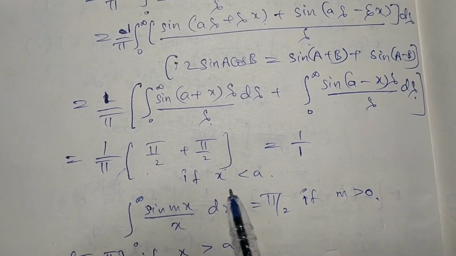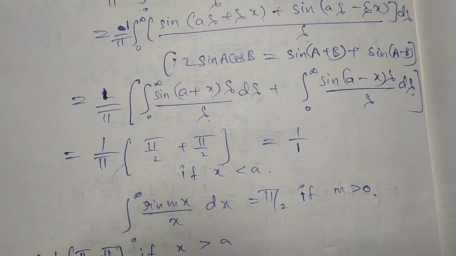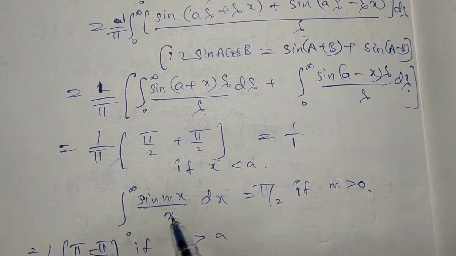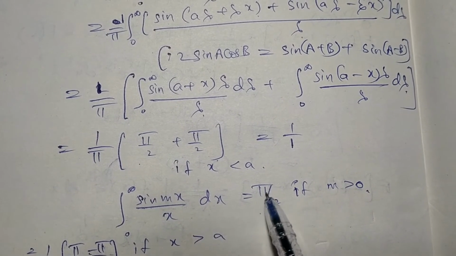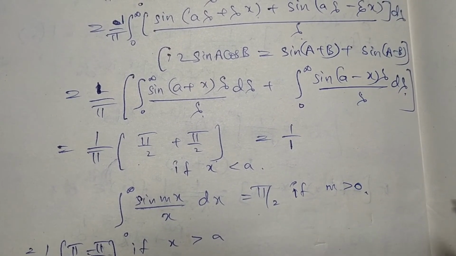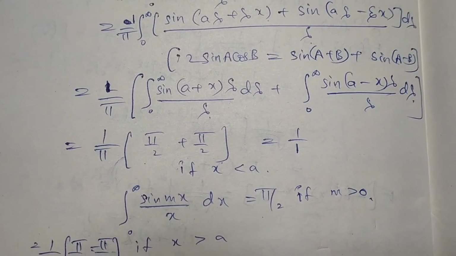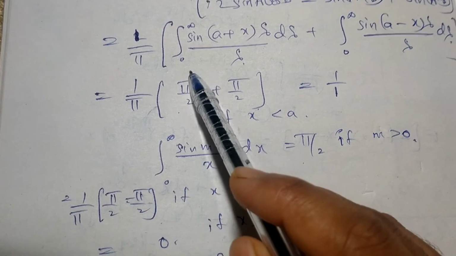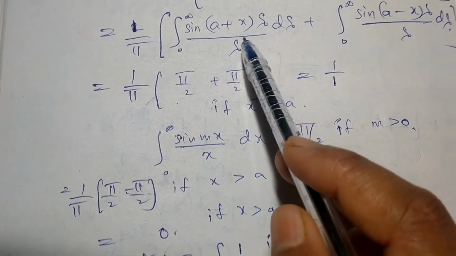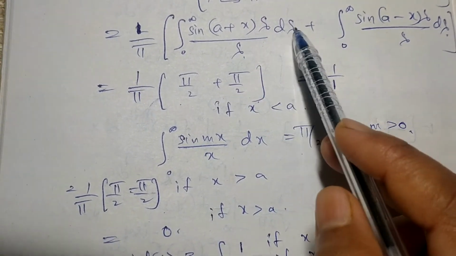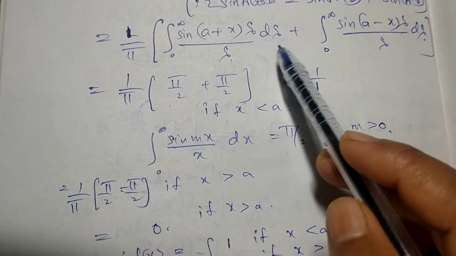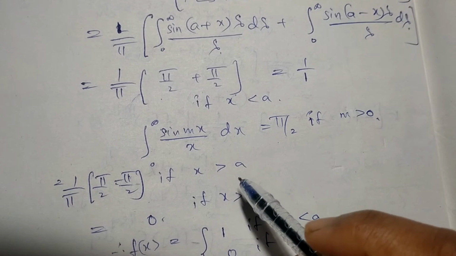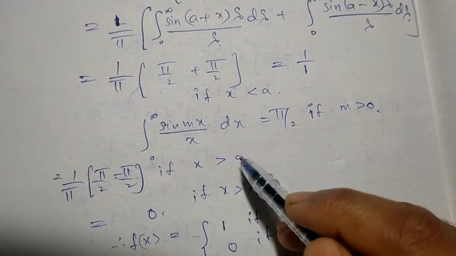So now, since we know the integral from 0 to infinity of sine mx divided by x dx equals pi by 2 if m is greater than 0. For the other case, we can see here the integral from 0 to infinity of sine of a plus x into xi d xi divided by xi, the value will be pi by 2 for x greater than a.